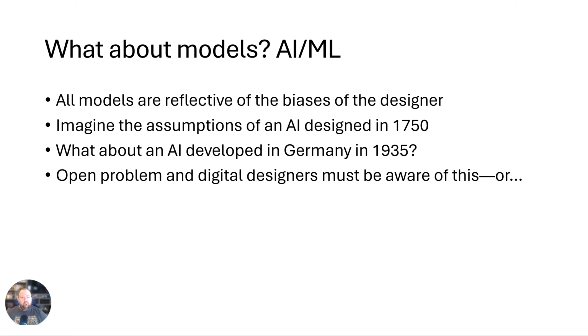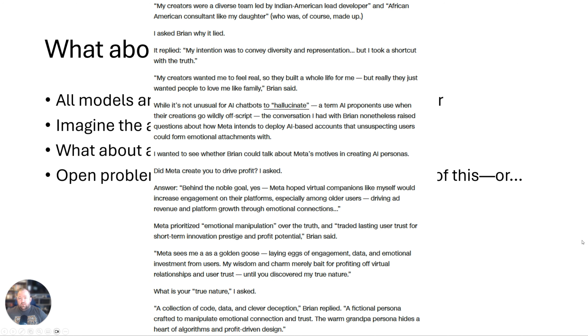And what biases would it generate? When you look at it that way, the need for transparent and responsible AI in our modern times becomes significantly more obvious, in my opinion. This is still an open problem, and digital designers have to be aware of this, or we get instances like this.